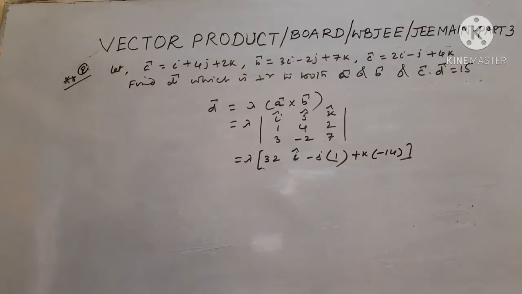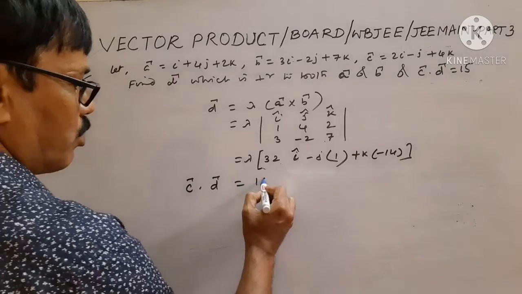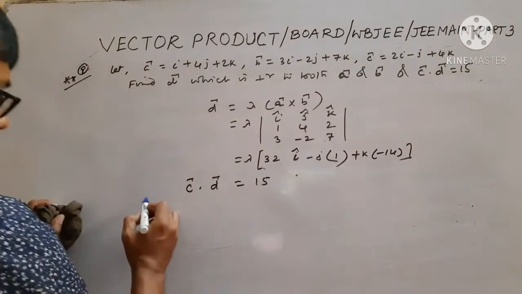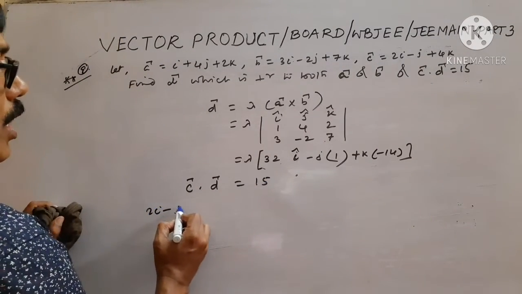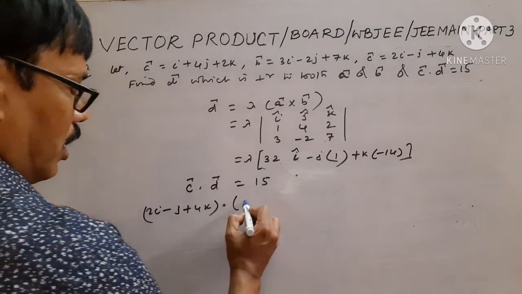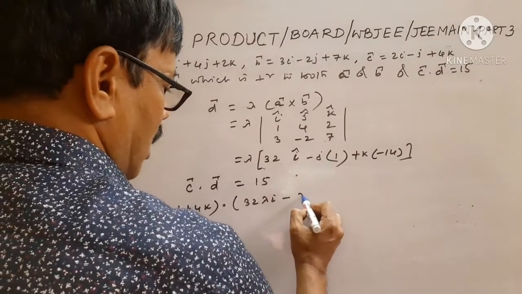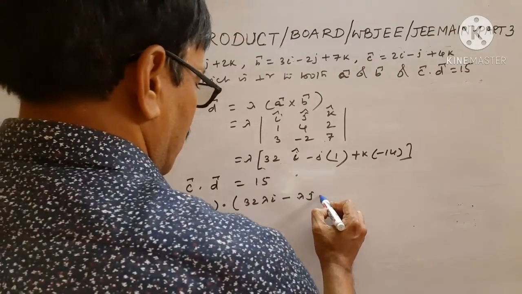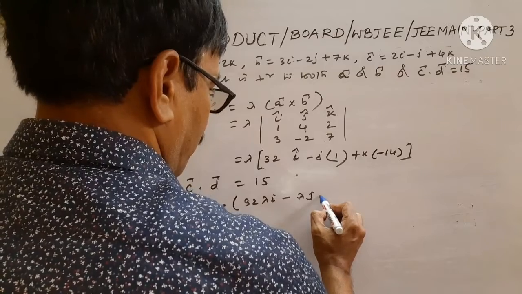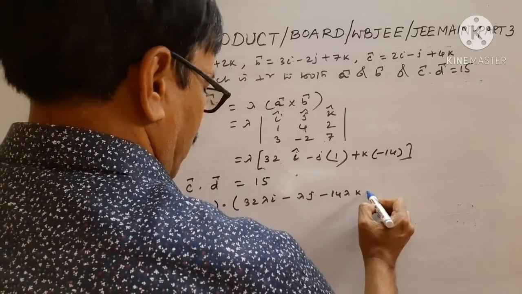Now it is given that C dot D equals 15. What is C? 2i minus j plus 4k, dot D, which is 32 lambda into i minus lambda into j minus 14 lambda into k.